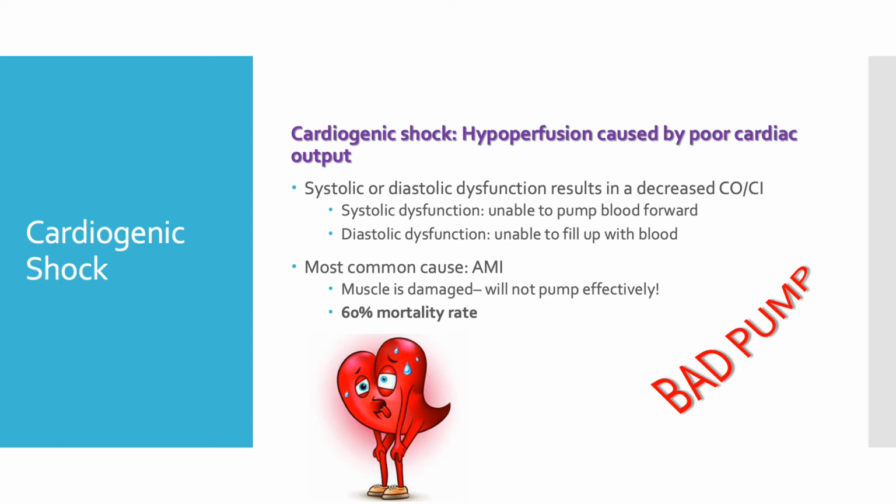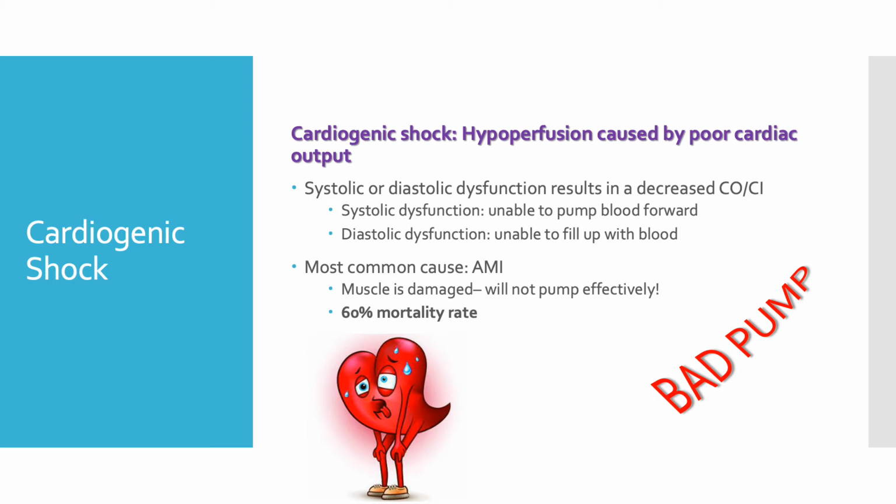So think about this. If you're taking care of a patient who has just had an MI, your first thought should be, this patient is at high risk for cardiogenic shock. This is the number one cause for cardiogenic shock. However, other patients such as those who suffered a blunt chest trauma, that can cause a cardiac injury, or even somebody with severe valvular stenosis, that could lead to a low cardiac output because the heart is working up against that really stenosed valve and it starts to get fatigued, causing poor contractility and a bad pump.